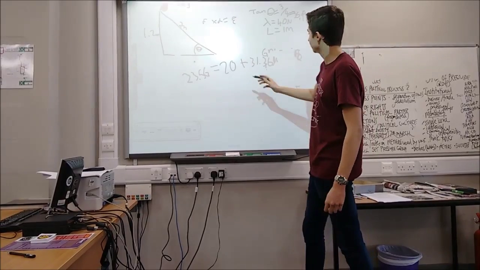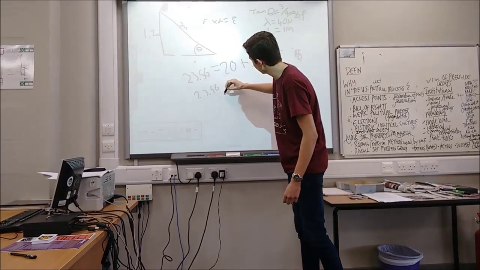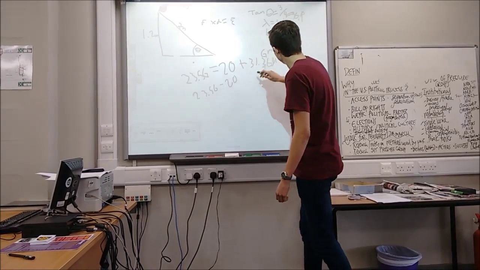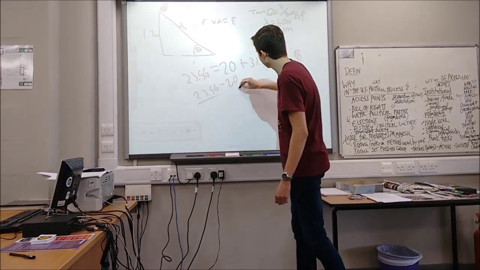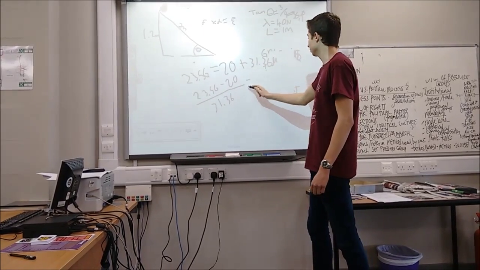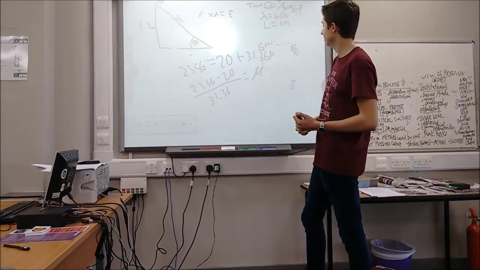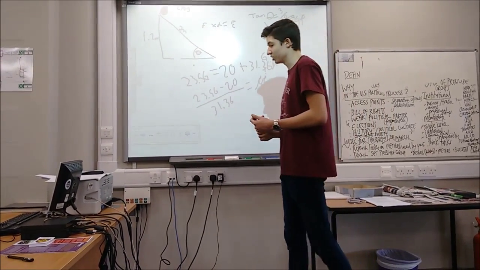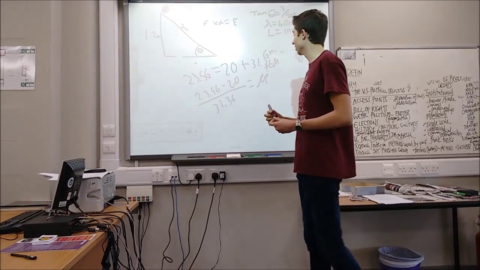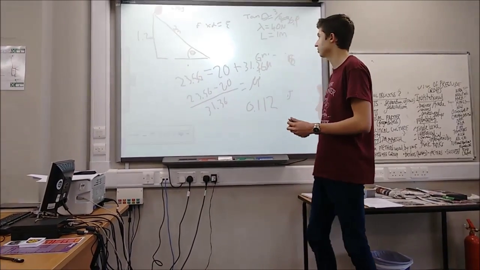So we can then take away 20 from both sides, 23.56 minus 20, divide both sides by 31.36, and we'll be left with one letter, mu, which would actually be 0.112. That's the coefficient of friction of the plane.